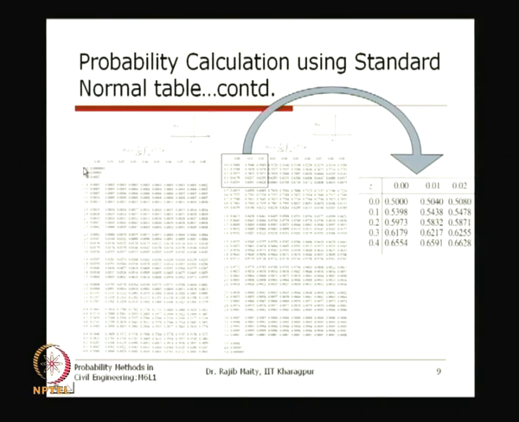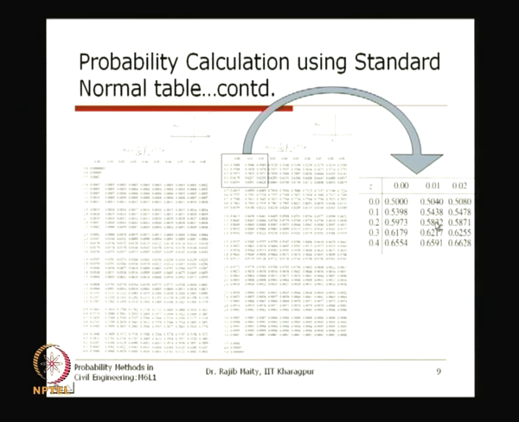You can see that these z values start from minus 1. This is zoomed here; the entire table actually starts from minus 5 to plus 5, and here some portion is zoomed for easy visibility. When z equals 0, this column reads z equals 0, and this row is for the second decimal.